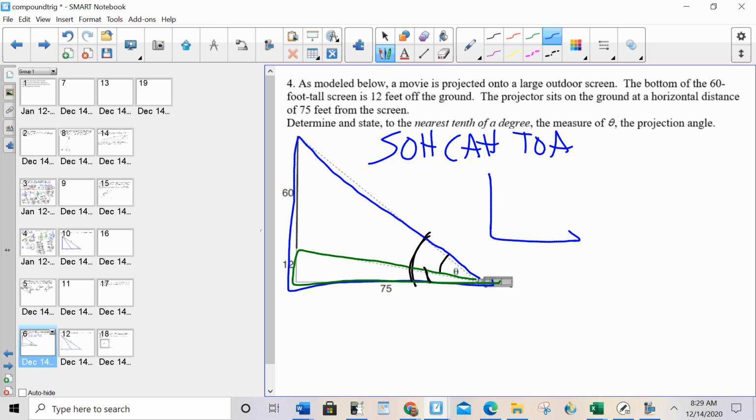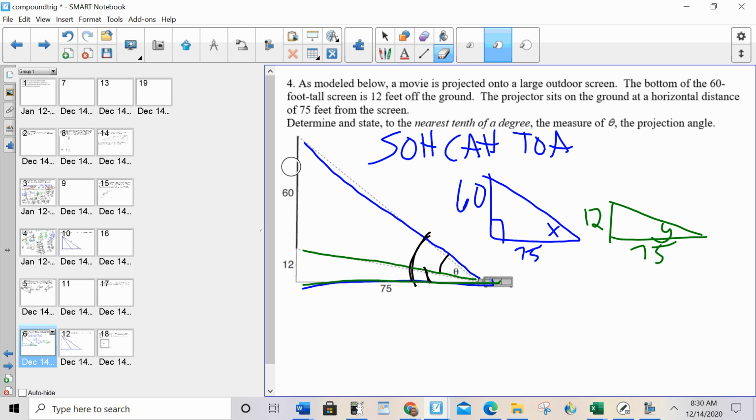So our blue triangle, 60, 75, and we're finding x. Our green triangle, 12. Actually, I think I made a mistake. 75. I'll call this y. All right. No, the big triangle is not 60.